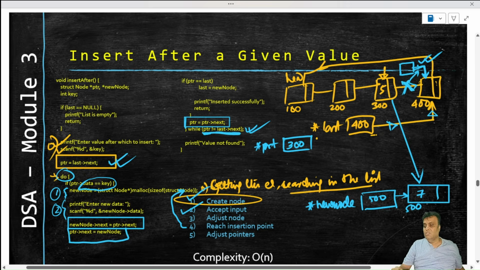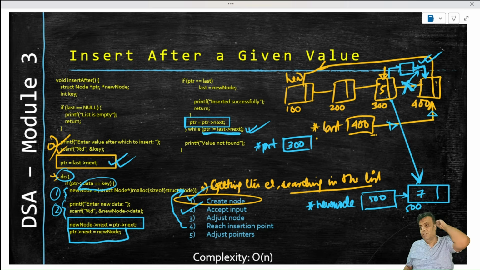Why? Because all you have done is you have moved this pointer here, and you have adjusted the pointers next to the new node, which is what you wanted. That means all you are doing is instead of here, I can say that I will draw it here, right? So you have adjusted the pointer's next to the new node and the new node next to the pointer next.